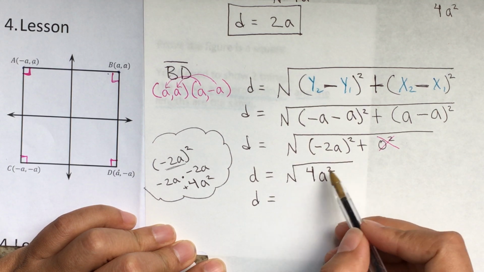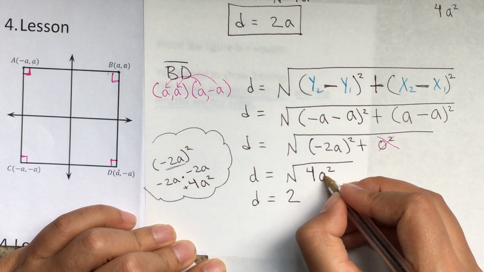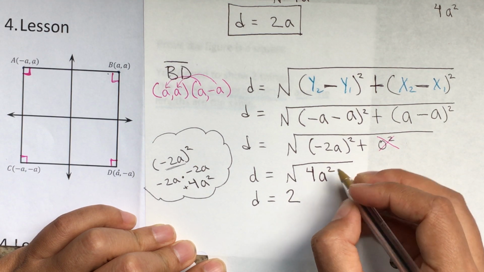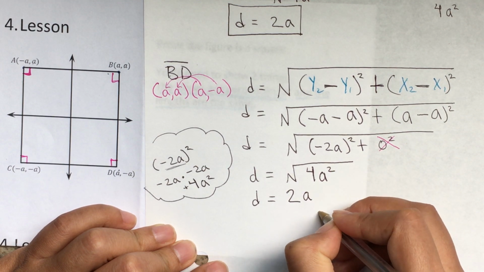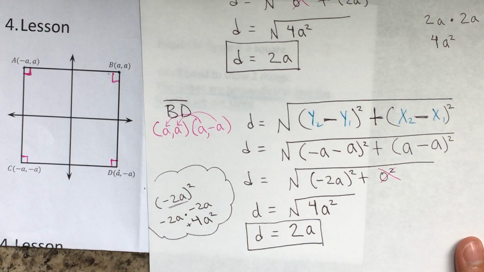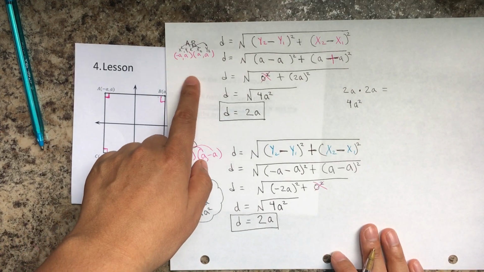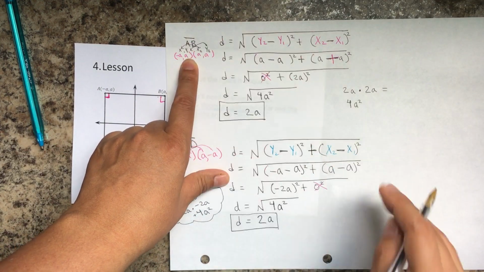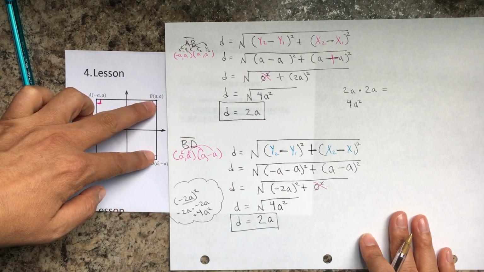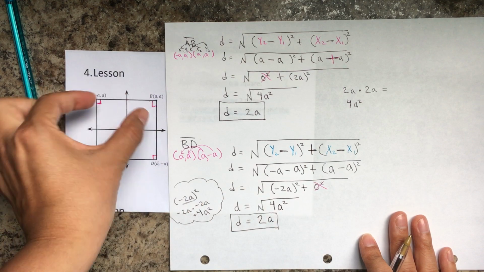Again, what is the square root of 4? The answer is 2. What is the square root of a squared? It's only a. So again, you can see that the distance of line segment AB and BD, both are 2a and 2a, so that means that they are congruent.